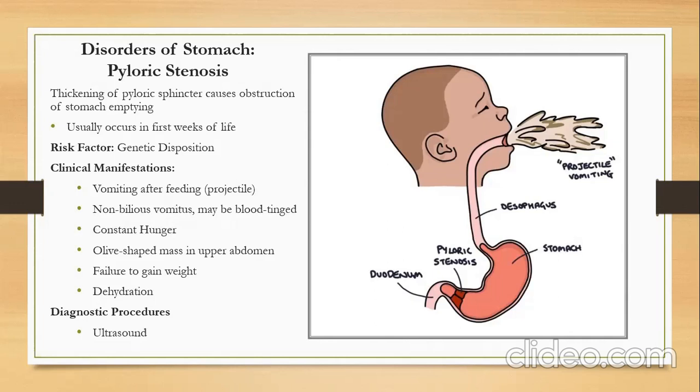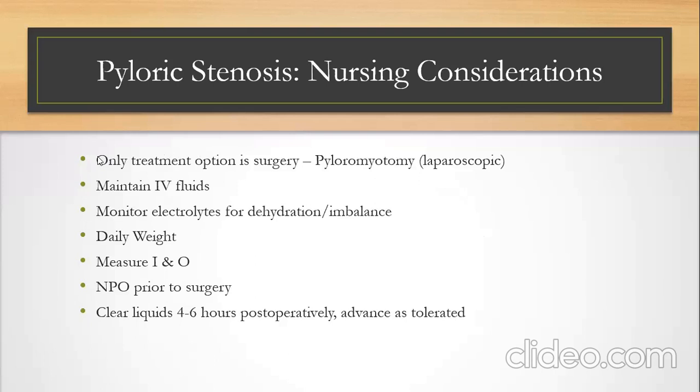Whether it's 2 o'clock in the morning or whatever, you're calling a surgeon at home, you're telling them bring their butt to work because we have an emergency on our hands. Projectile vomiting with the baby, we can give them IV fluids and monitor them and get them to surgery tomorrow. So while surgery is definitely required, it doesn't need to be emergent like the perforation of the stomach or the bowel.